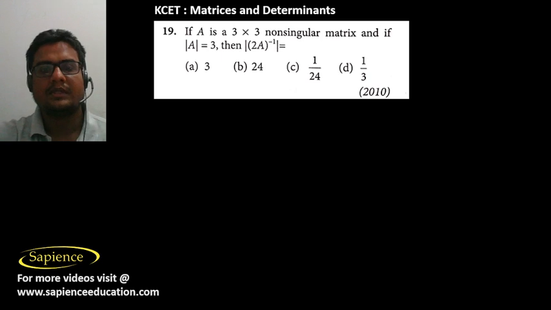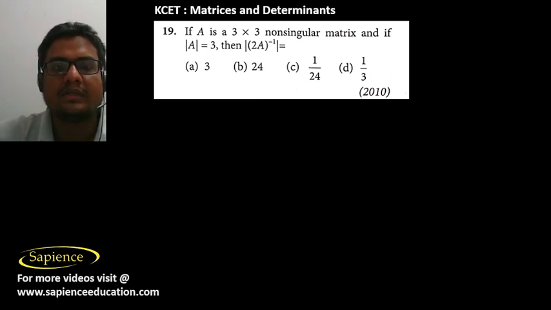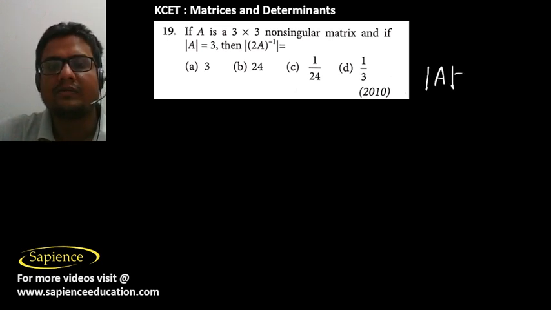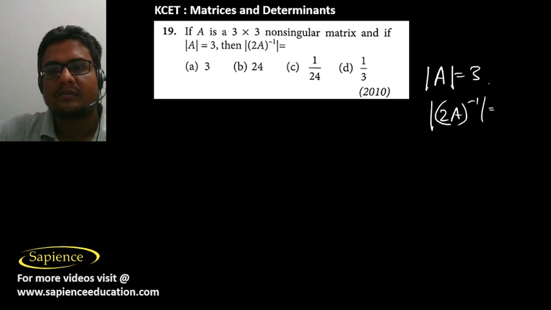Okay. Then in question number 19, it is told if A is a 3 cross 3 non-singular matrix, and the determinant of A is equal to 3, then the determinant of 2A whole inverse is equal to how much? So it is a non-singular matrix.